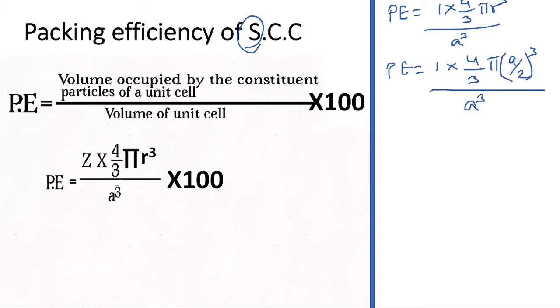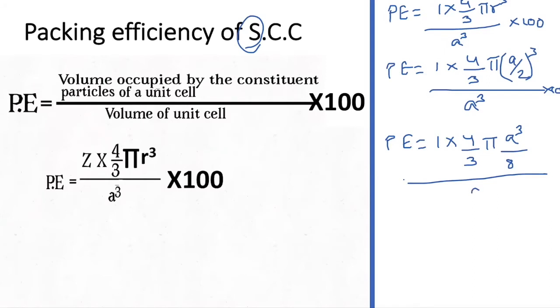Calculating this, we get packing efficiency is equal to 1 into 4 by 3 pi r cube, so that will be 4 by 3 pi a cube by 8 divided by a cube, into 100.